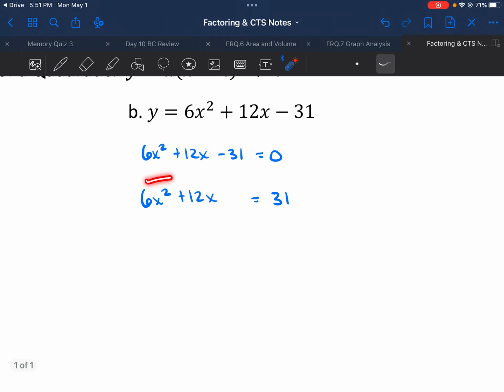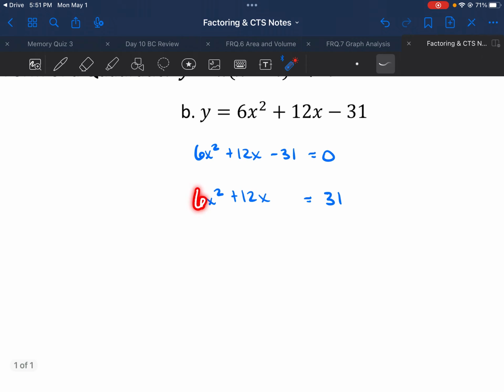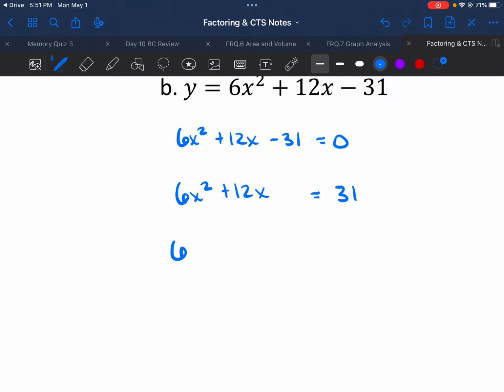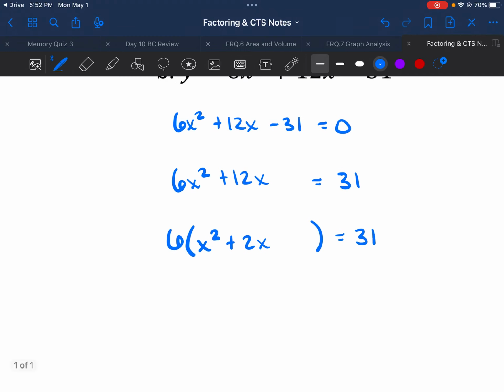All right, now on this side, what's going to make this one a little bit more complicated than this one over here, notice we had just a 1 attached to this x squared. Here we have this 6. We don't like the 6 there. We need to factor it out. If it's anything other than a 1, we need to factor it out from this left side. So factor out 6. If I factor out 6 from this, I'm going to get x squared plus 2x, equals 31. And now let's do that completing the square step in here.